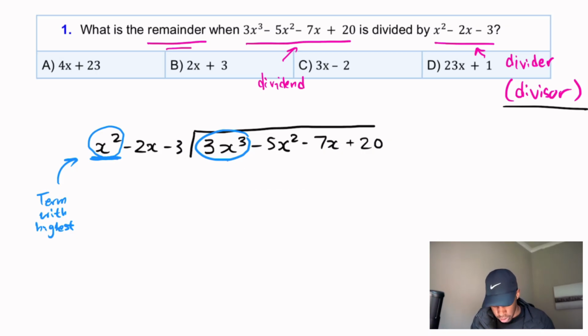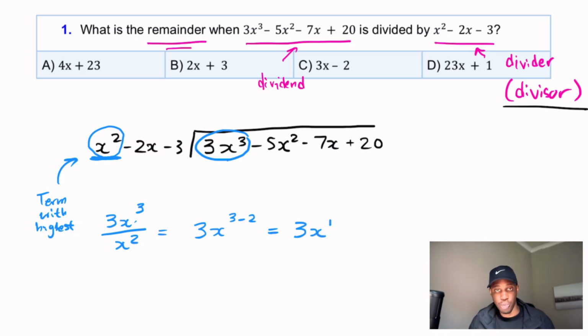So when you think about it, 3x cubed, my bad, divided by x squared. When you actually divide the two and simplify, this becomes 3, and then x to the power of 3 minus 2, so you're left with 3x to the power of 1, which is just 3x. So you can basically say that x squared goes into 3x cubed 3x times.